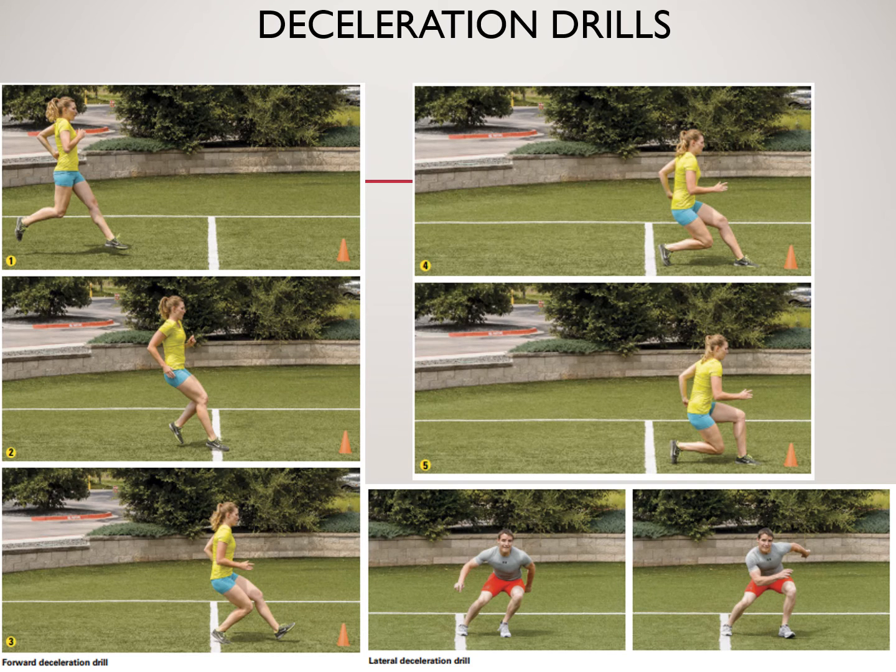There are also a number of different types of drills that we can focus on in terms of decelerating. Okay, so alongside developing our eccentric strength through resistance training, whether that be just a greater focus on the eccentric component within a movement, particularly things like squatting or split squats, for example, we can also do lots of drills that focus on deceleration as well.